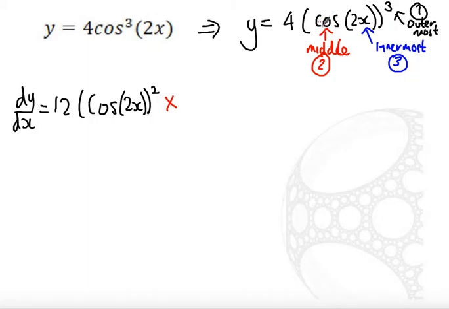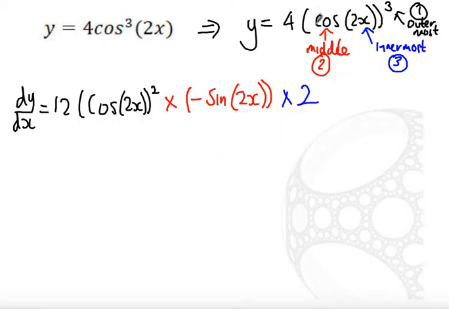First of all, I differentiate cos, because that's the outside function in that bit there. So I get times minus sine, and I leave the 2x alone. And so I come from the outer to the inner. Finally, as part of differentiating the inner one, I've also got to multiply by the derivative of 2x, which is 2.